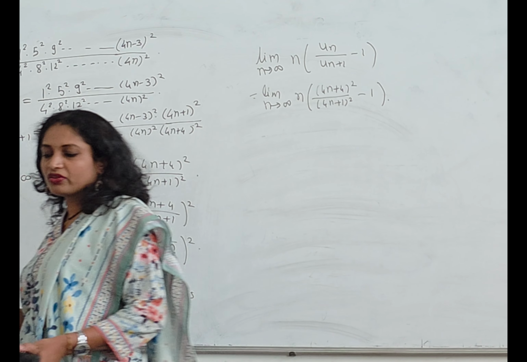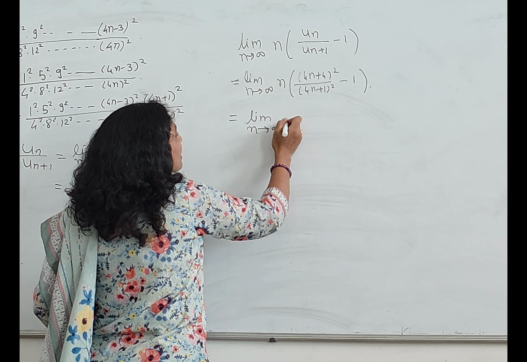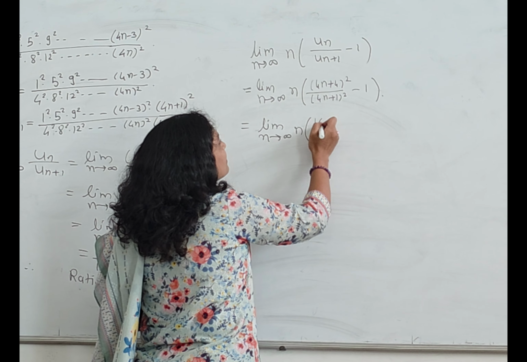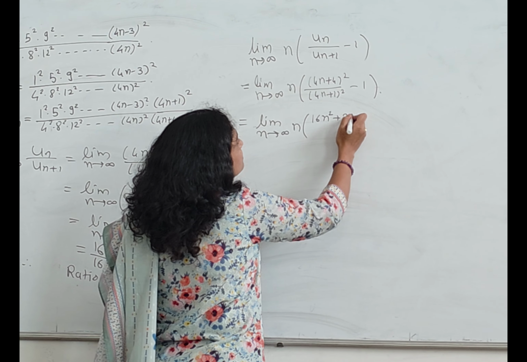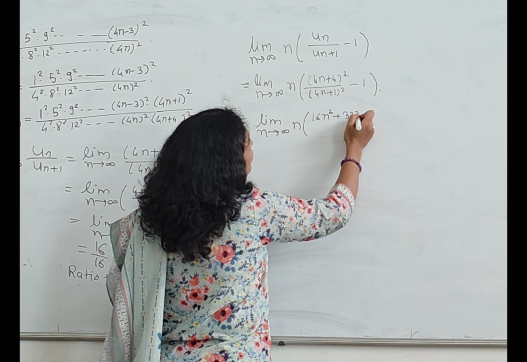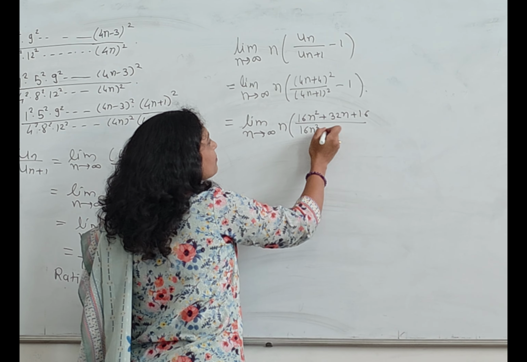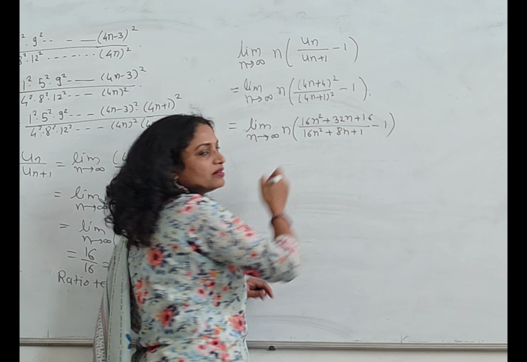Let's expand the whole square using the a plus b whole square formula. So this will be equal to limit of n tends to infinity, and what will be the whole squares? 16n square plus 32n plus 16 upon 16n square plus 8n plus 1, minus 1.